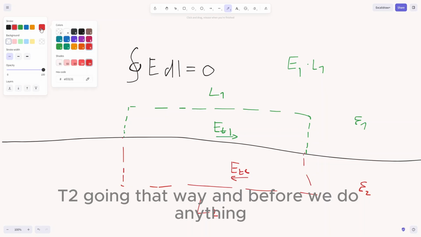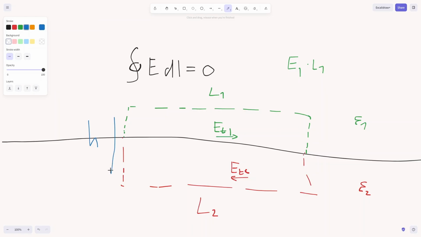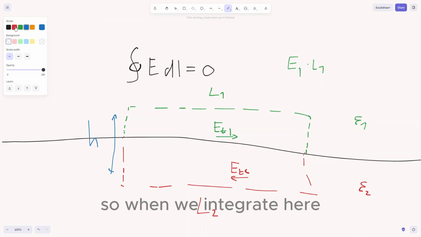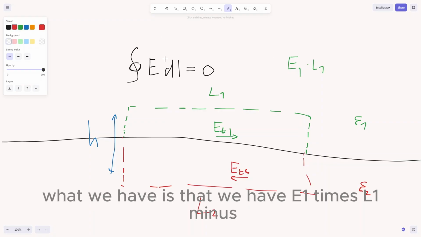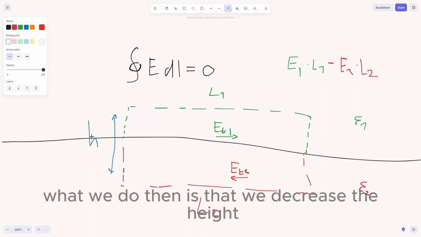And before we do anything, we also have the height here, h. So when we integrate here, what we have is E1 times L1 minus E2 times L2.